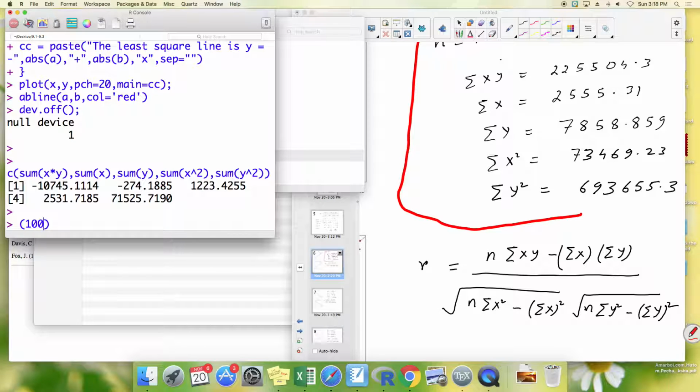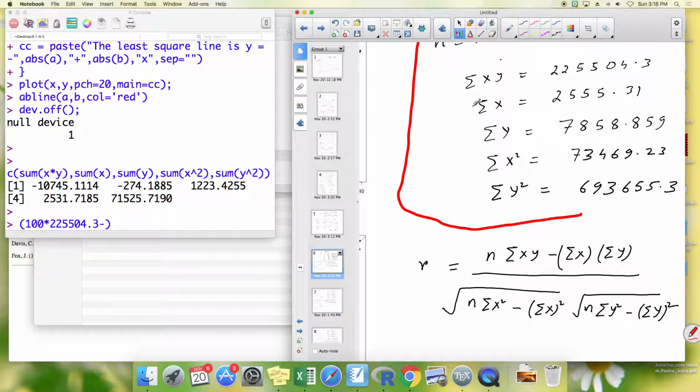Times, that means 100 times summation xy. So it's okay, these are big values, I'm sorry for that, but it is what it is. 225504.3. So n times xy minus summation x times summation y. That means this value times this value.